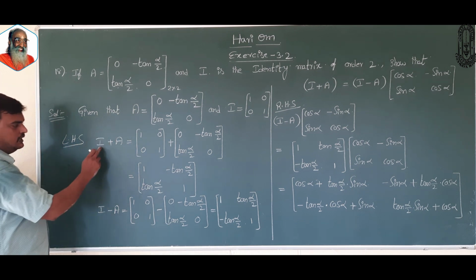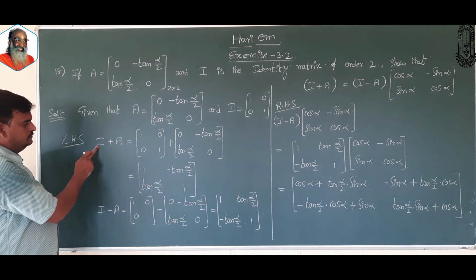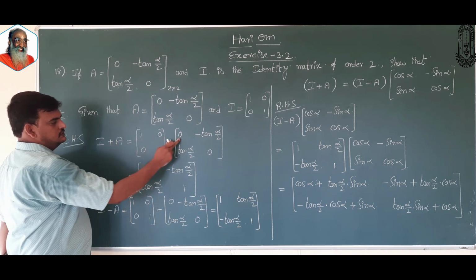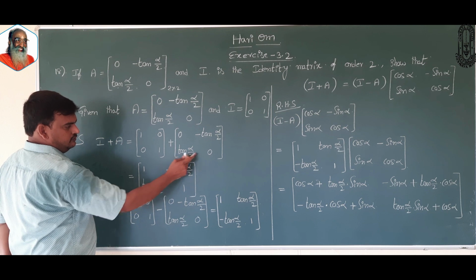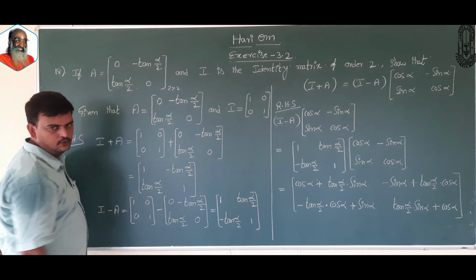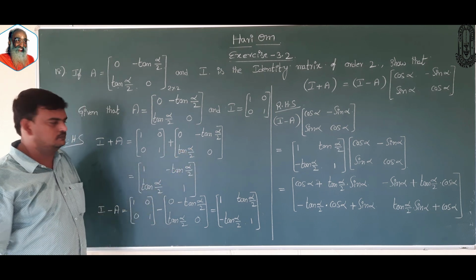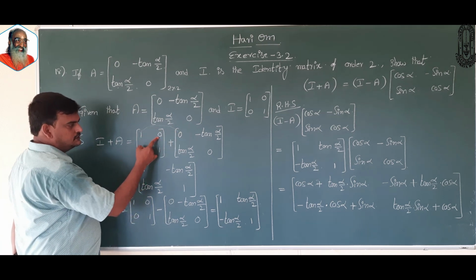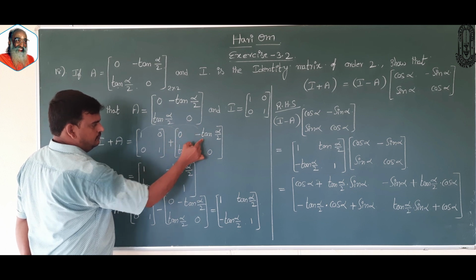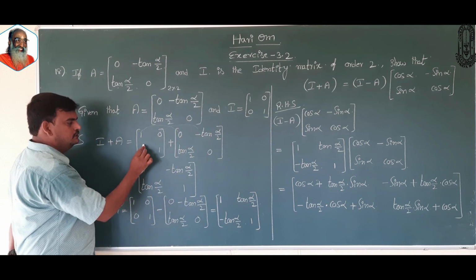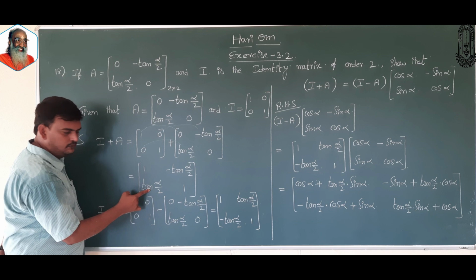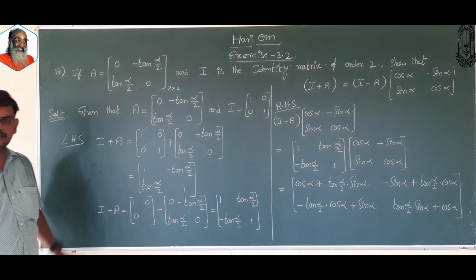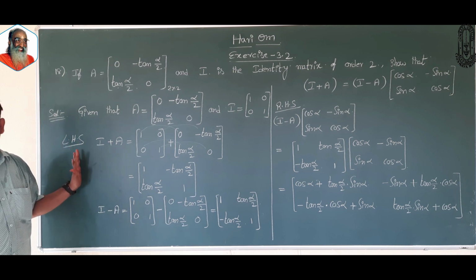The LHS is I plus A. So identity matrix 1 0 0 1 plus A, 0 minus tan alpha by 2, tan alpha by 2 0. When we add these two matrices, corresponding elements should be added. So 1 plus 0 is 1, 0 minus tan alpha by 2 is minus tan alpha by 2, 0 plus tan alpha by 2 is tan alpha by 2, and 1 plus 0 is 1, which is our LHS part.